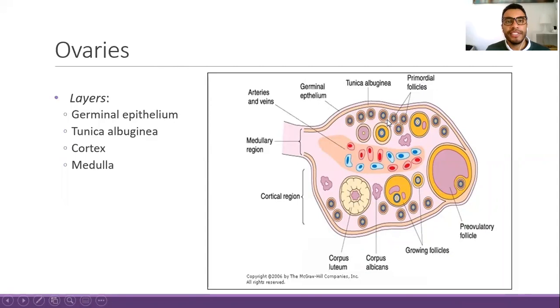So when a girl is born, she's born with approximately 2 million oocytes, which are the precursors of these cells. 2 million, I said, but only approximately 500 of these cells will get matured from puberty.